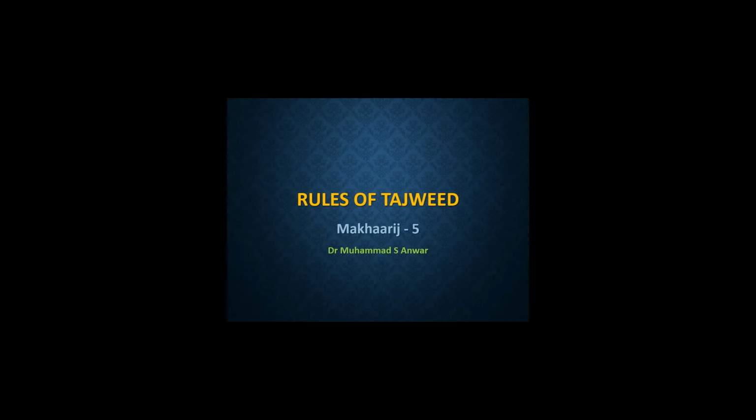Then base of the tongue has Qa, which is Qaf letter. Just in front of that is Kaf, Ak, Ka. That is Kaf. And then you come forward to the center of the tongue. The center of the tongue goes up to the top, and there are 3 letters that come from this one point, and they are Jim, Ya, and Sheen.